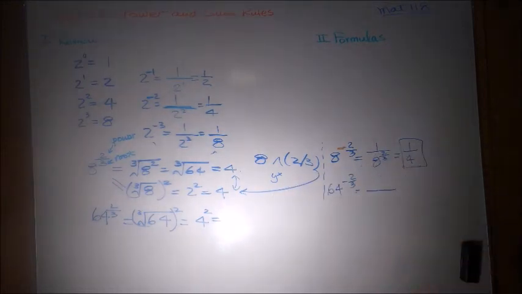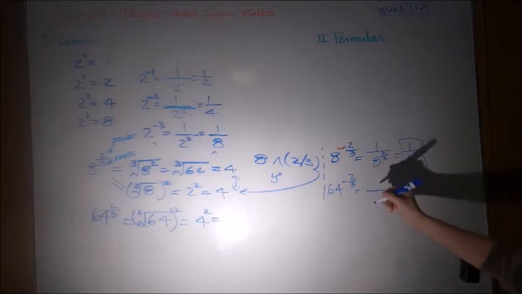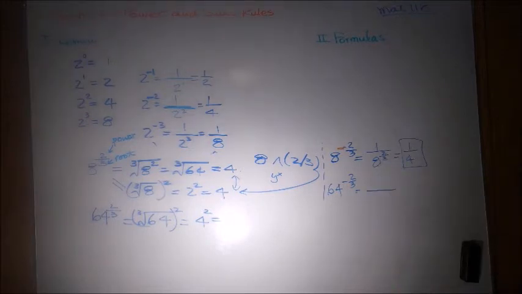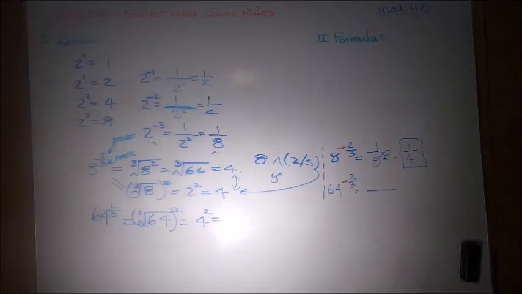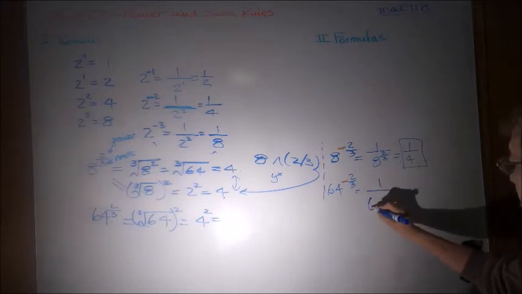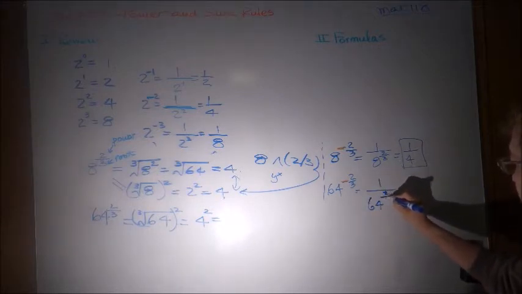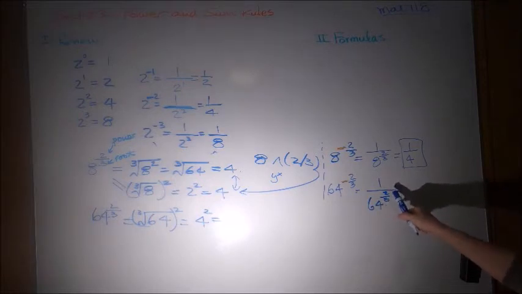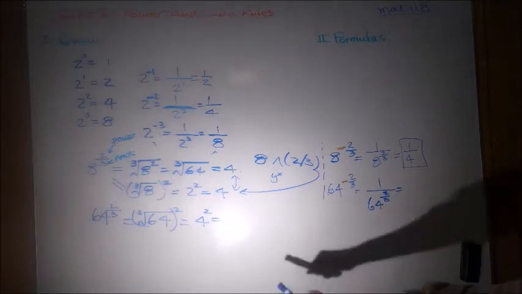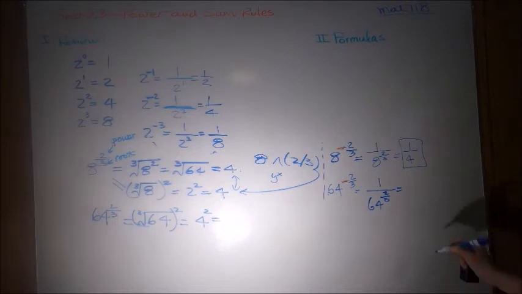What happens if it's 64 to the negative 2/3 power? What would you do? Do the reciprocal to interpret the negative exponent first. Then you will do the reciprocal of 64 to the 2/3 power. What is 64 to the 2/3 power? That would be 16.